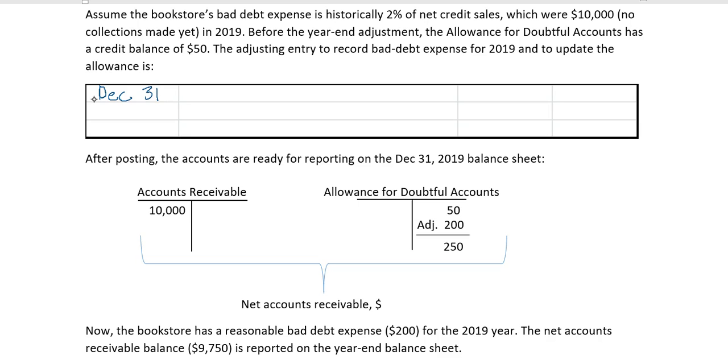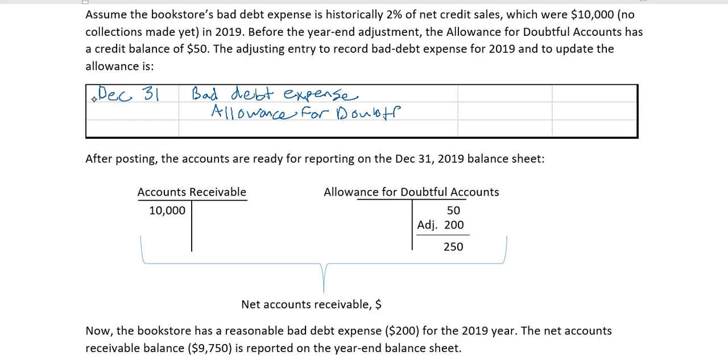So we will have a debit to bad debt expense, and we will have a credit to allowance for doubtful accounts. This will, of course, be the process of filling up a bucket of water.